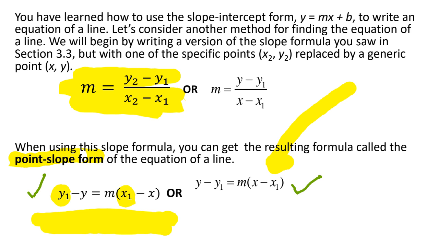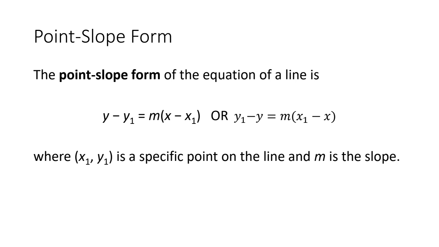Well, here we go. We are going to be told to write an equation in point-slope form. Well, again, notice we have the two equations. And we have this point. We have a slope. Okay. Well, here we go.